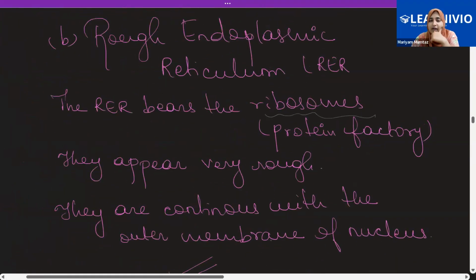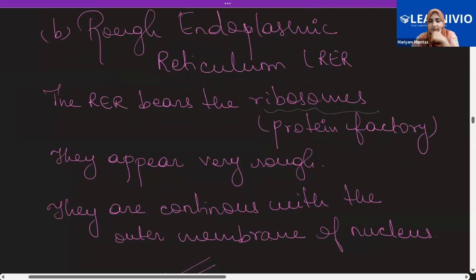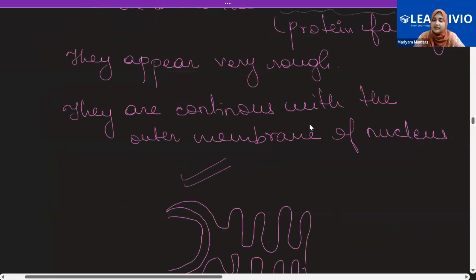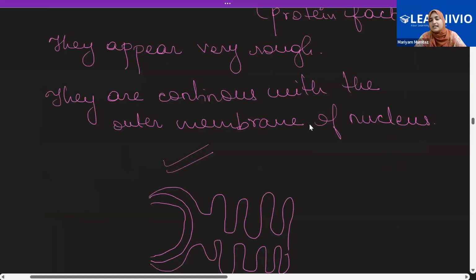After that, there is the rough endoplasmic reticulum, which has ribosomes present on it. Ribosomes, as you know, are the protein factories, responsible for the synthesis of protein. Because of the presence of ribosomes, it appears very rough. And remember that the rough endoplasmic reticulum is continuous with the outer membrane of the nucleus.